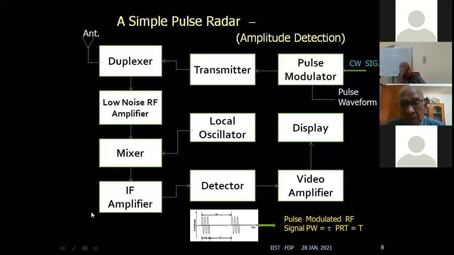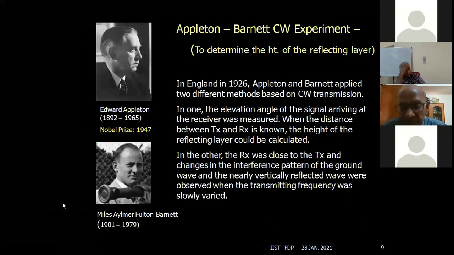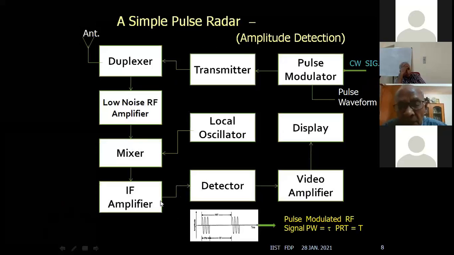At the bottom you can see the radio signal, and this is an RF signal pulse, and it will keep on repeating. This is the pulse repetition rate, and this is the pulse width. Those are the two crucial parameters.